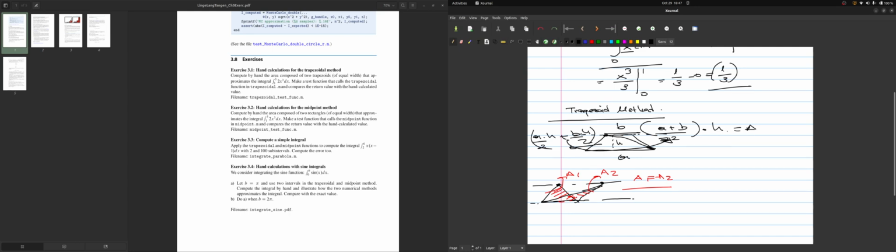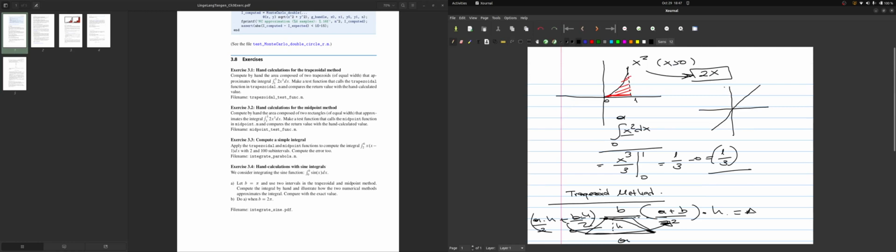So for example, when it comes to the trapezoid of this particular function, we will assume that we have a shape like this. Maybe I can use another color here to show you.